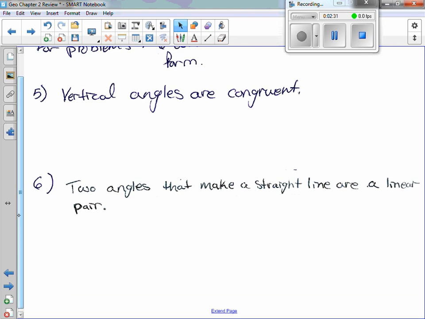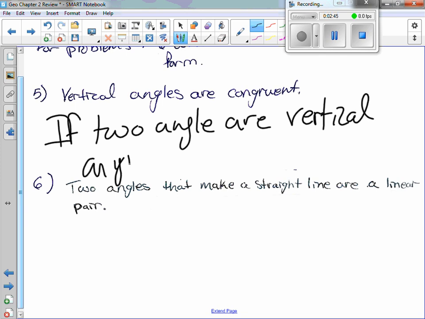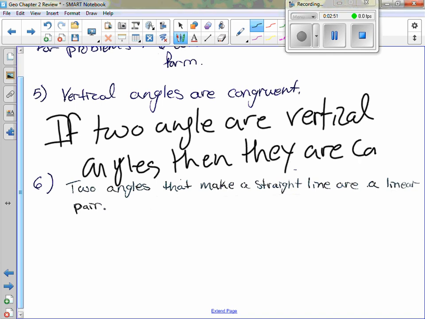The same thing is true with vertical angles. If two angles are vertical angles, then they are congruent.